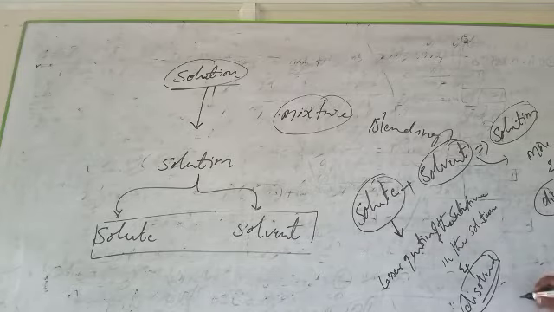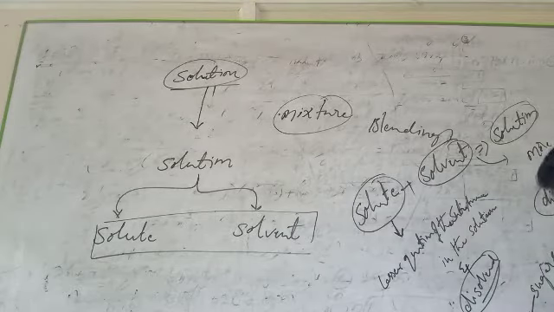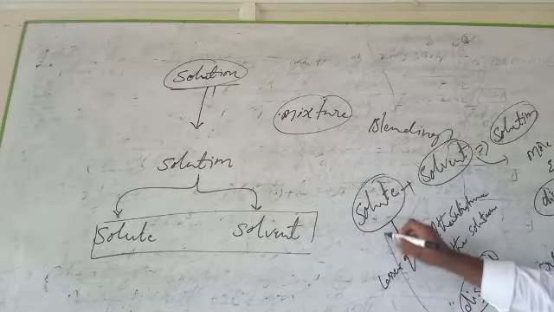Suppose sugar solution. Sugar solution contains two particles, sugar and water. Sugar is the lesser quantity of substance in the water, and sugar is the dissolved substance, so it is the solute.